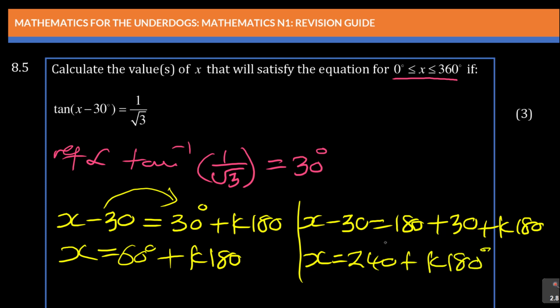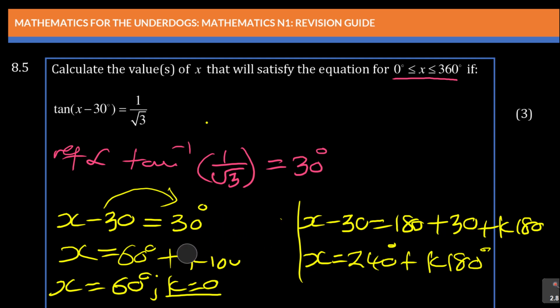See what I'm having here? So now it's up to you to say when k is 0. Remember, I was given between 0 and 360. So therefore here you can say x is equal to 60 degrees. That is when k is equal to 0. So you can even ignore this other part, maybe, just out of interest.